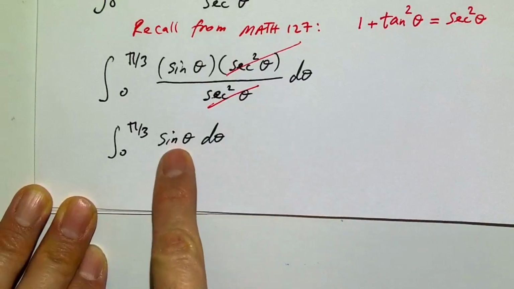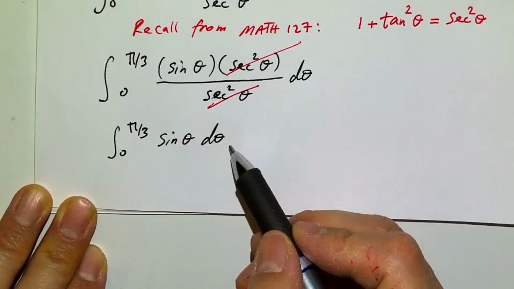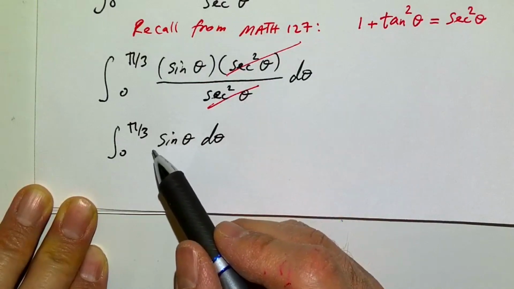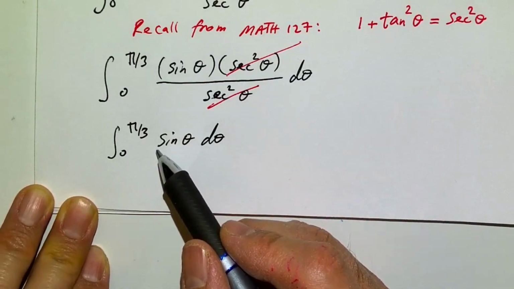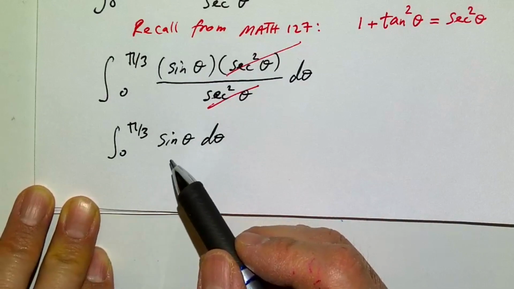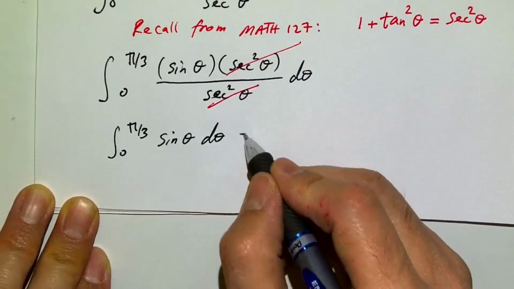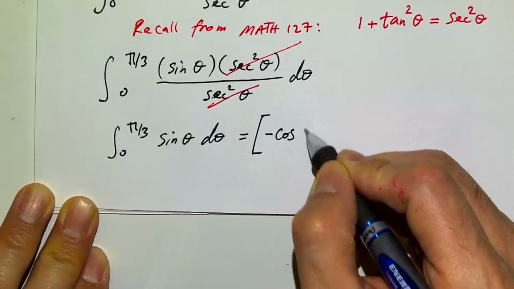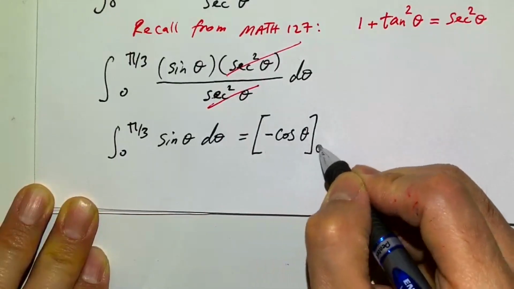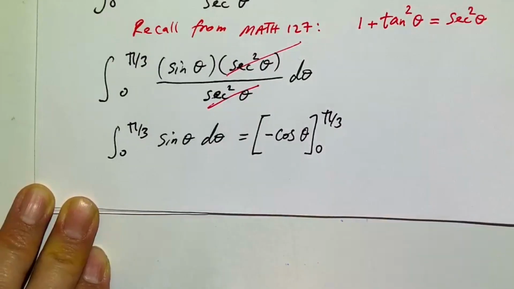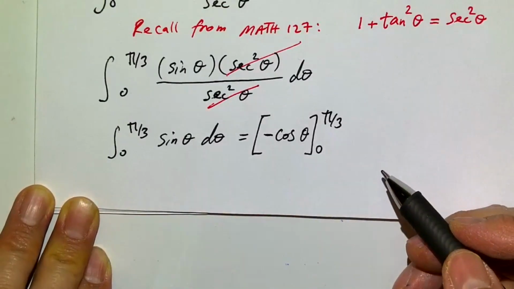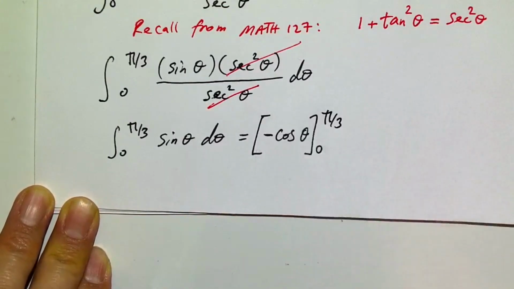Cosine of x is the antiderivative of sine, except that we would end up with a minus sine of theta. So the fact that we have positive sine of theta means that the antiderivative must have been minus cosine of theta going from 0 to pi over 3. Okay, that minus should be there to give us the positive sine theta as the derivative of this antiderivative.